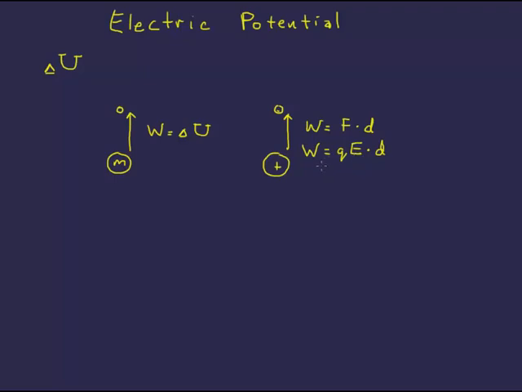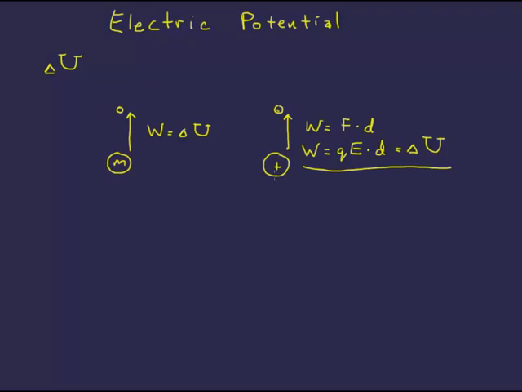Two point charges are not going to make a uniform electric field. We'll get into that later. But for now, you can say that the work done equals QE times D. And that work that we do is equal to the change in potential energy. And now this is electrical potential energy. So all these guys are equal.